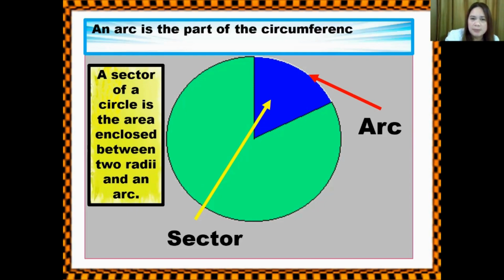An arc is the part of the circumference at the edge of a sector. It can be any part of the circumference. If you make another radius, then you can make another arc, which is the edge of a sector.